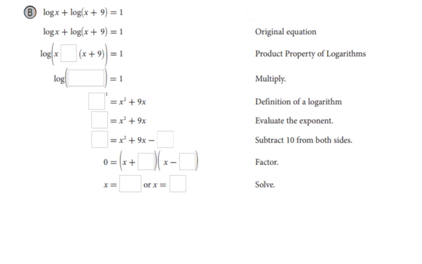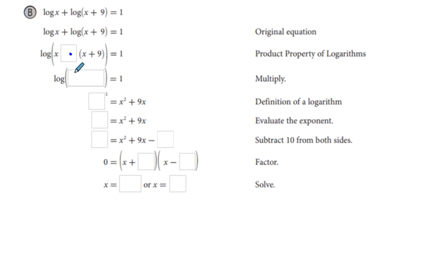I'm going to go to the next one here, B, and you can just follow along with me on this. You have this equation: log x plus log of quantity x plus 9 equals 1. And here we're going to use the product property of logarithms: if we have two separate logarithms of the same base, it's going to be the log of a single logarithm by multiplying this x by this x plus 9.